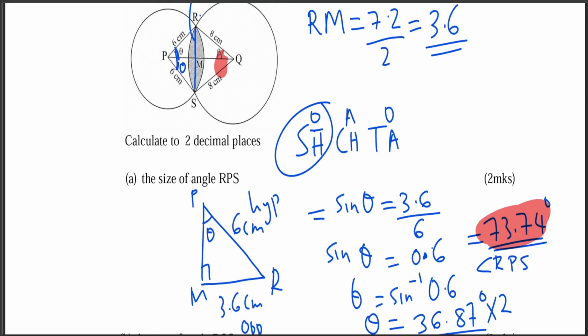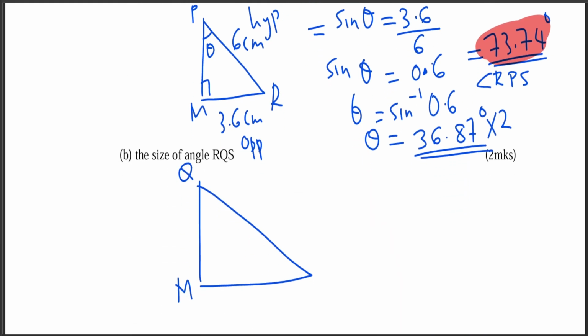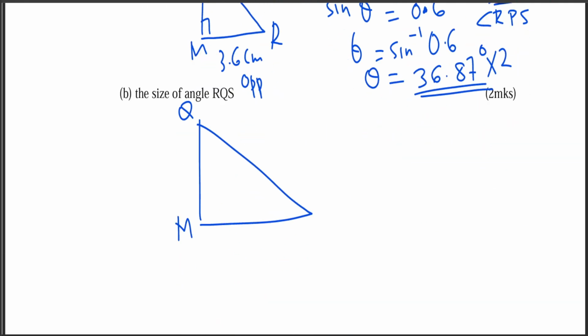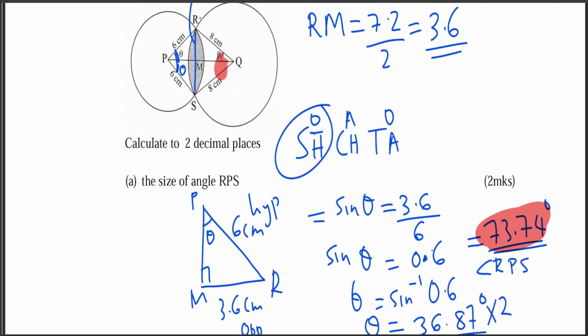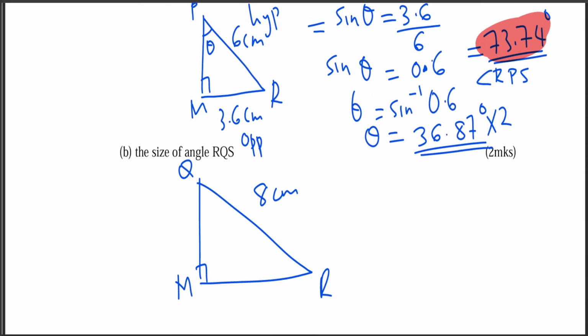Let's say I will use RQM. So RQM, R is here and our radius is this hypotenuse, which is 8 cm, and the angle we will find is the one at Q, which is here. So MR is the same, 3.6 cm. Again, opposite, hypotenuse, and therefore we're going to use sine.